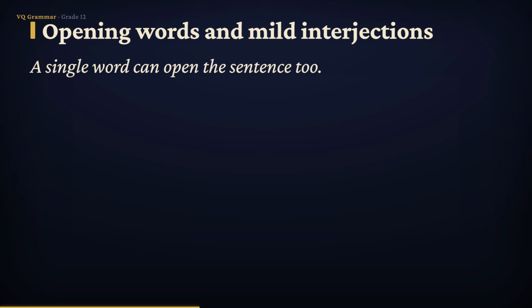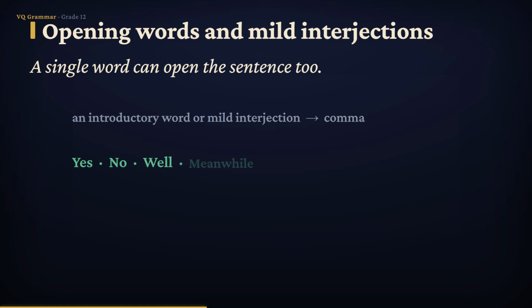There's a smaller group of openers worth knowing: single introductory words and mild interjections. Words like yes, no, well, meanwhile, and however often open a sentence, and when they do, a comma sets them apart from the clause that follows.